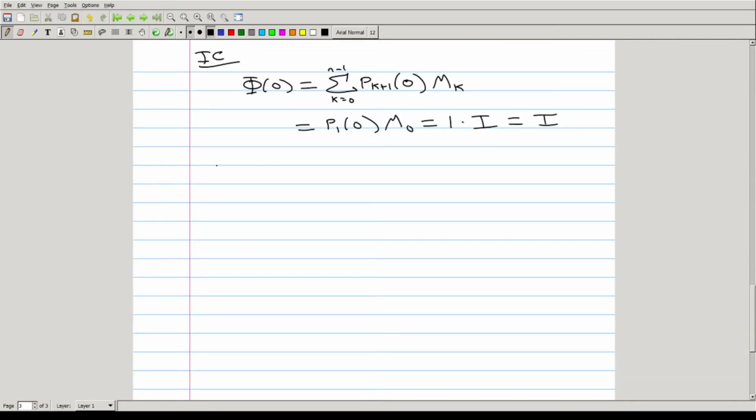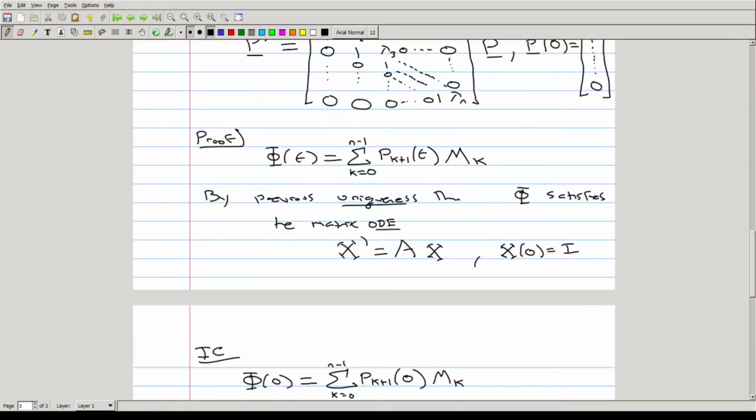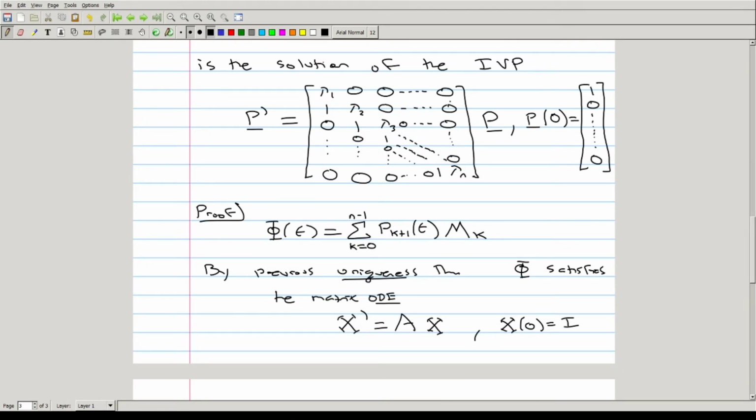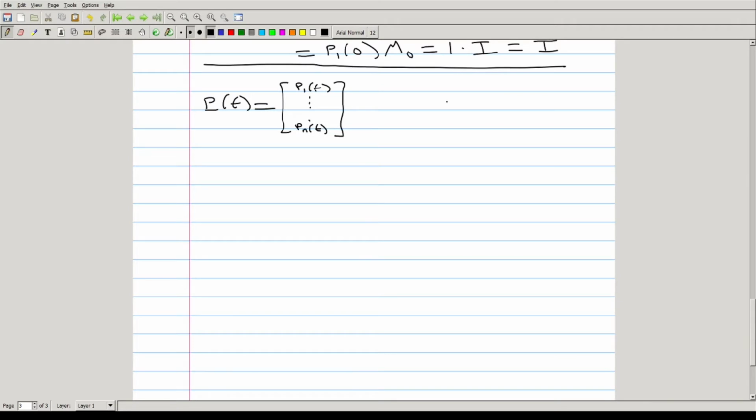And if we look at p of t now, we have that p is defined by this system of differential equations right here, which is the same thing as saying that p1 prime of t is equal to lambda 1 times p1 of t.